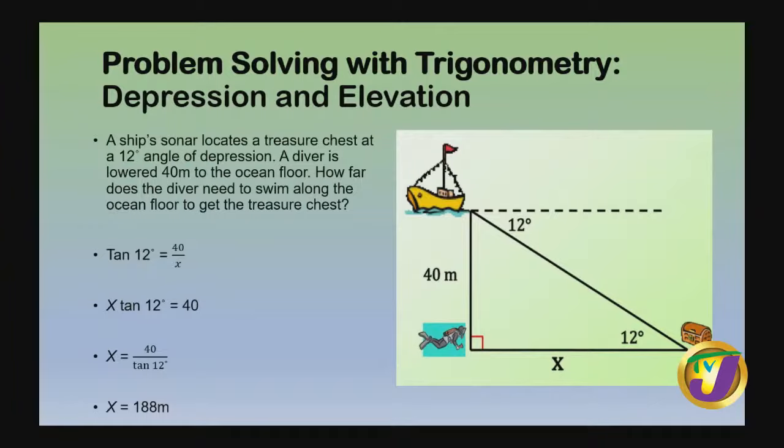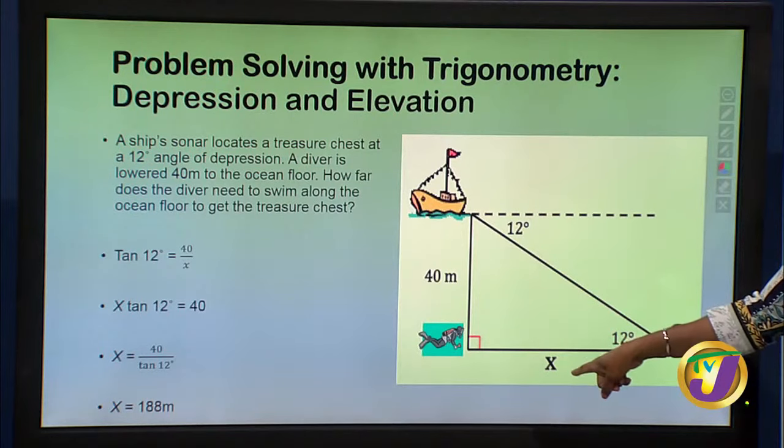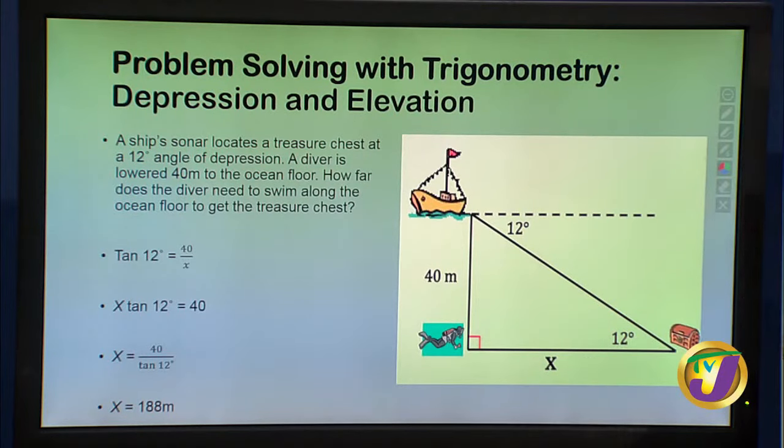So we're dividing both sides by tan 12 degrees. When we actually work this out, and of course you're going to be using your calculators, the length of x, meaning the distance between the diver and the treasure chest, would be 188 meters. And that would be the length of that side.